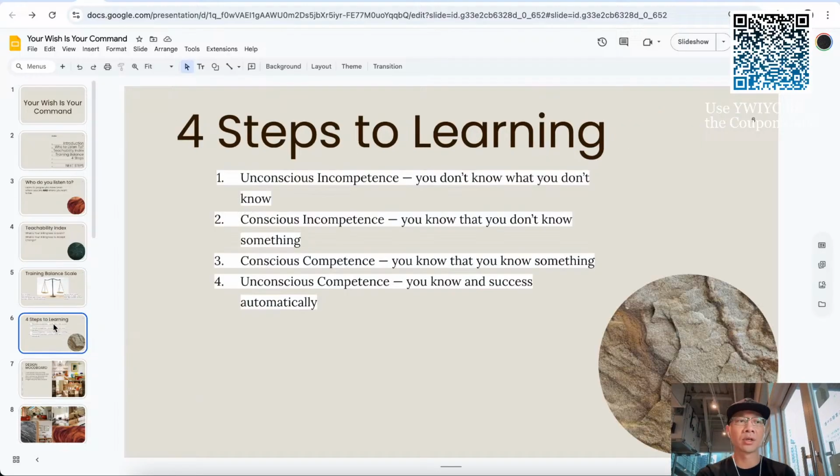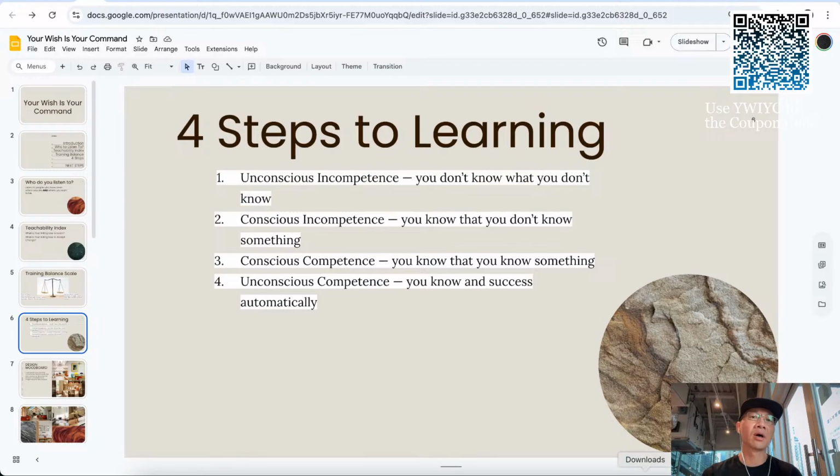4 steps to learning. You go from a place of unconscious incompetence and you move your way up to conscious incompetence, move your way up to conscious competence, finally to unconscious competence. Now, doesn't matter what you learn, if you really have that tenacity to learn, you may go from a place of unconscious competence, go back to unconscious incompetence.